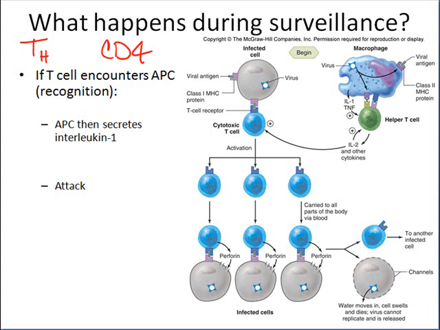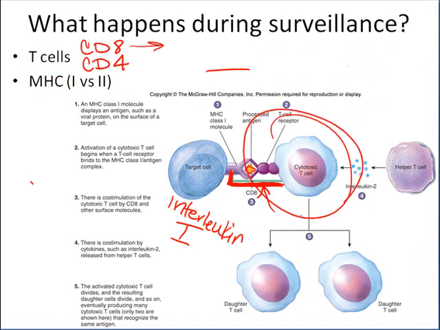Until the helper T cell confirms that the infection is really there, that cytotoxic T cell back here is just going to be in a holding pattern. It knows it's the right one for the job, but it hasn't gotten permission yet from a helper T cell. It hasn't had the helper T cell confirm this, and so it isn't yet able to replicate.